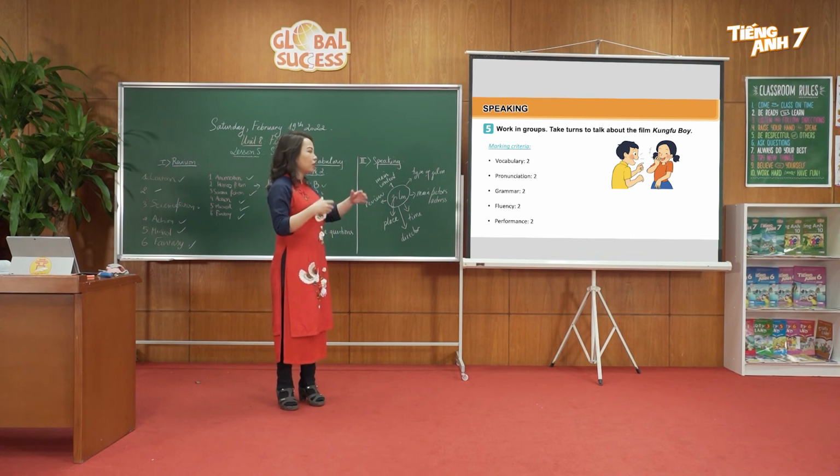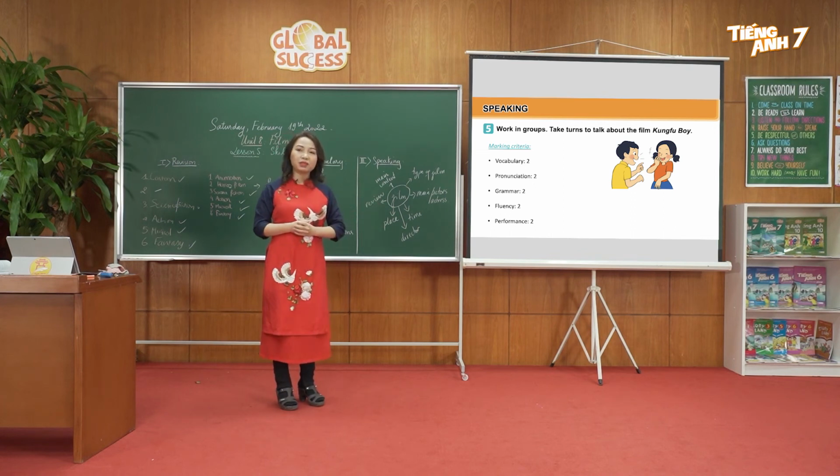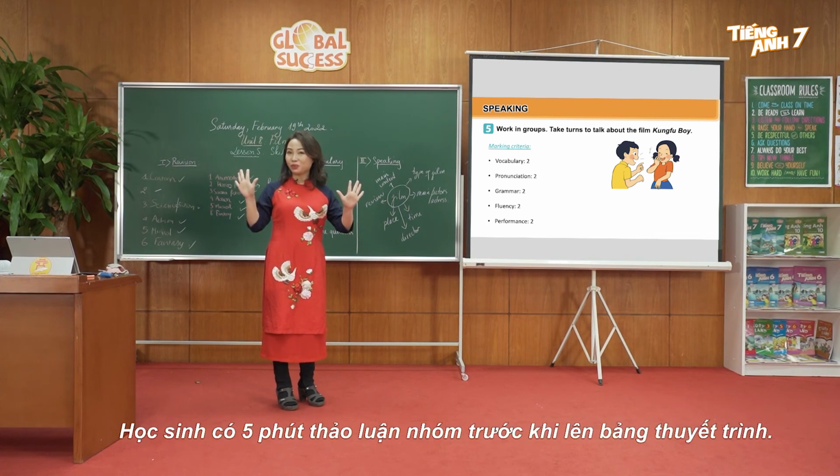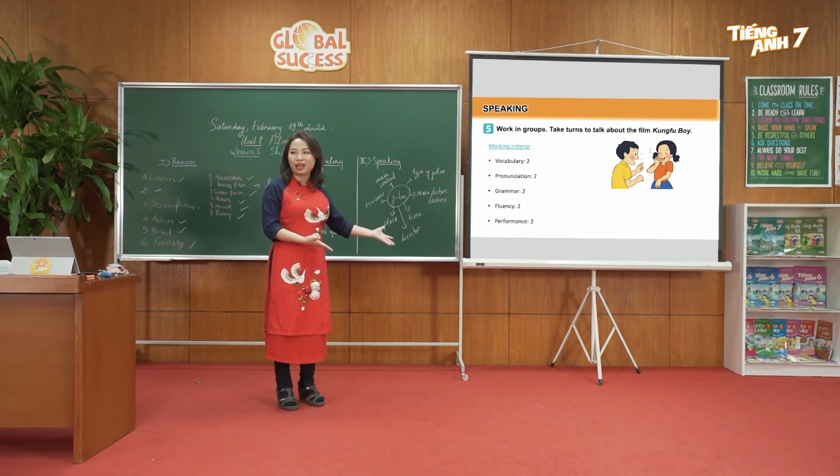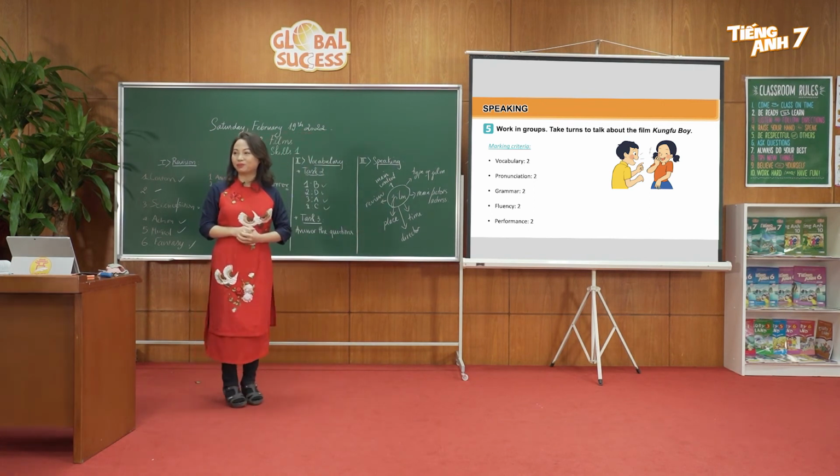And if you can perform well, which means you use body language in your talking, you will get 2 points. Totally, you get 10 points. Are you ready? Good job. Okay, who is the volunteer? Good job. Khánh Linh, can you come to the board and talk about the film?